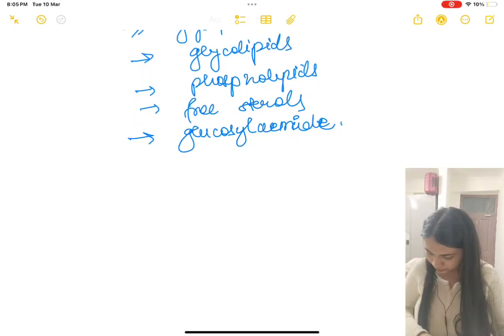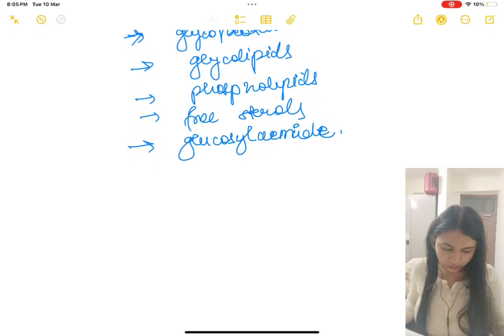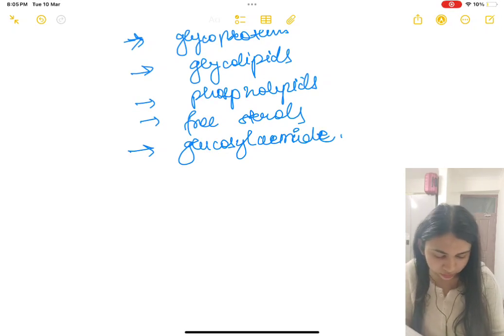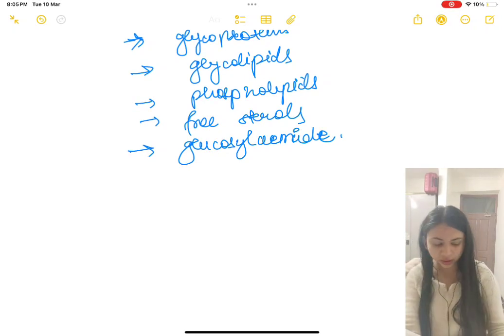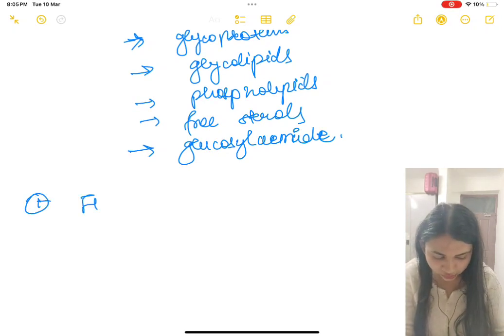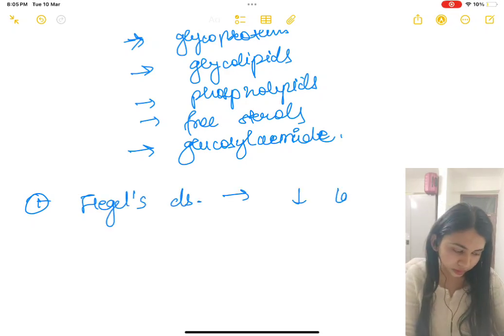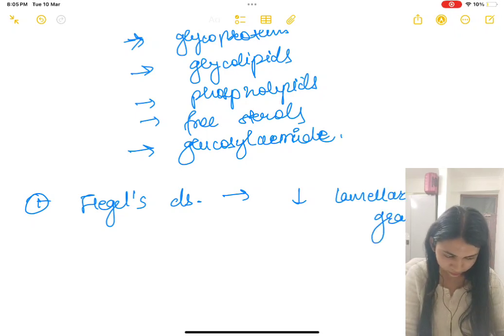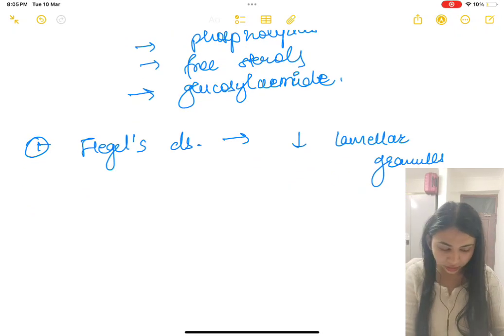Now then, there are certain disorders which you have to keep in mind with respect to lamellar granules. First is your Flegel's disease. These are also important MCQs which were in NEET. In Flegel's disease, you can see decreased lamellar granules. Then Harlequin ichthyosis.